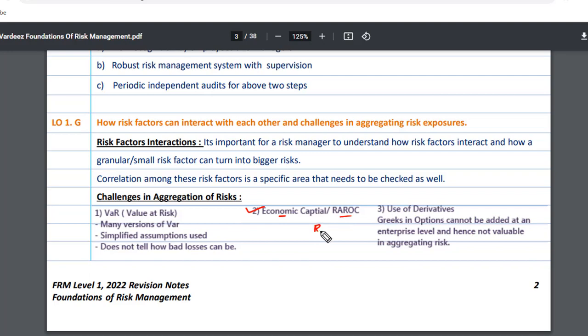Basically, you have the reward and you have the overall risk that the company faces, and you try to get this RAROC number. That is one way that you could, on a risk adjusted basis, get an aggregated risk number. So that's one thing that you could use in aggregating the risk.